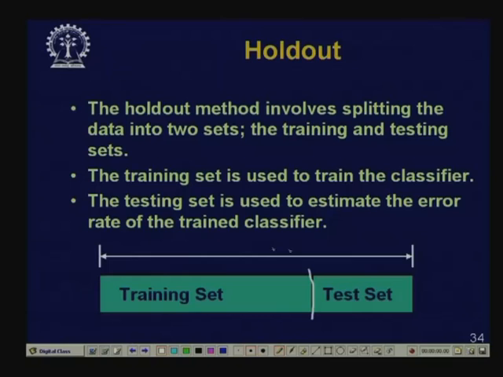On the basis of the training set, you train your classifier and then you measure the accuracy with the test set. So, the holdout method advocates splitting the available data into 2 sets. The training set is used to train the classifier. After the classifier is trained, the testing set is used to estimate the error of the classifier.